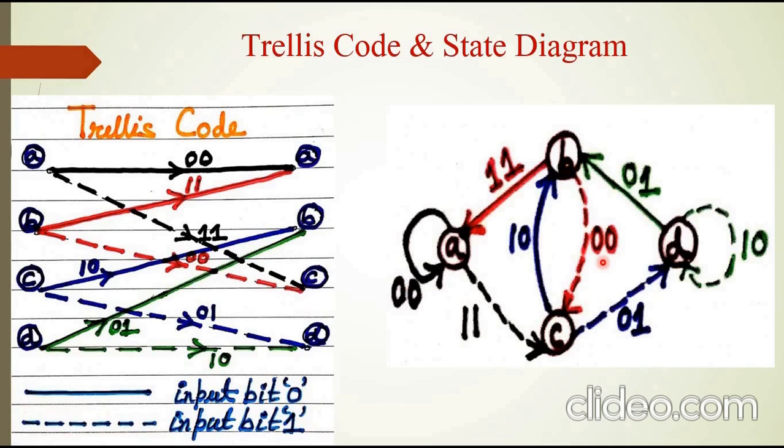Now let us have the calculation for state C. The current state is C, the input is 0, which means a solid line, so the next state will be B. So a solid line from C to B and the output is 1 0, mentioned on the line.